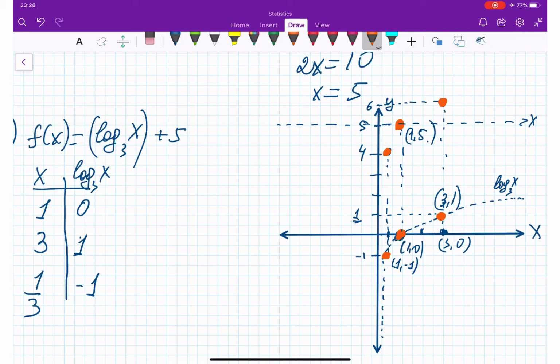Which means the graph is going to go like this. It's going to go parallel to the original one. Okay? And this is log x by base 3 plus 5.